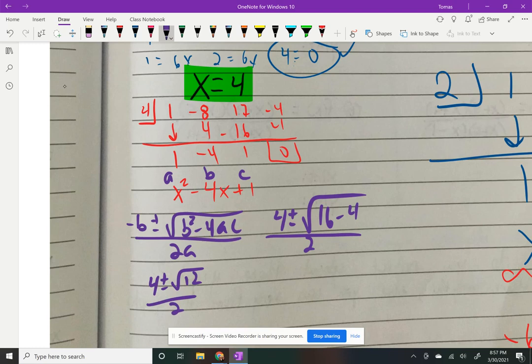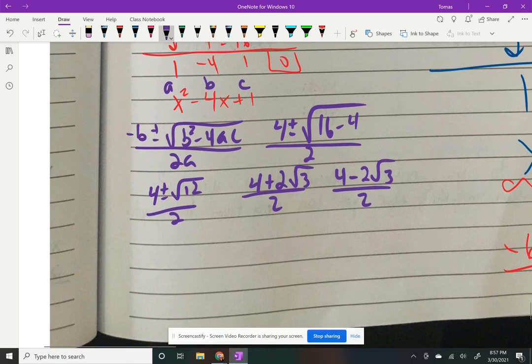So we're going to have 4 plus 2 square root of 3 over 2, because the square root of 12 is 2 square root of 3. And then we have 4 minus 2 square root of 3, right? And then we just reduce the 2's and the 4's, and we're going to be left with x equals 2 plus square root of 3.